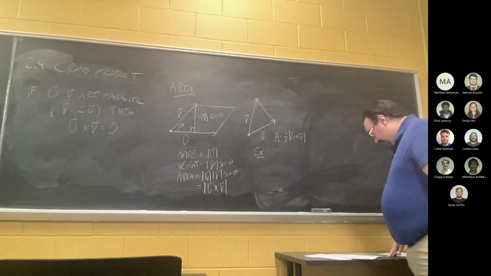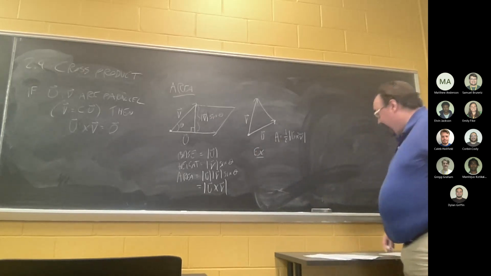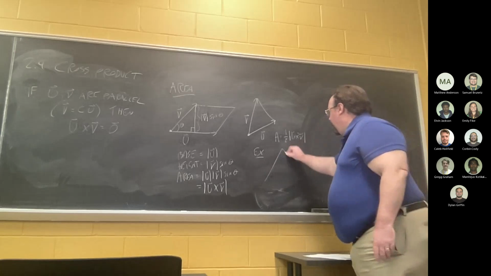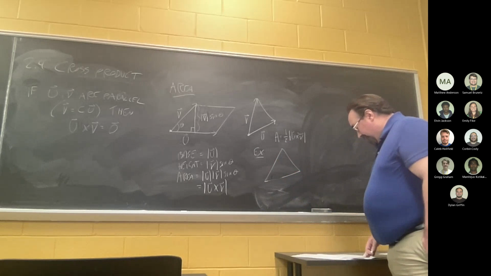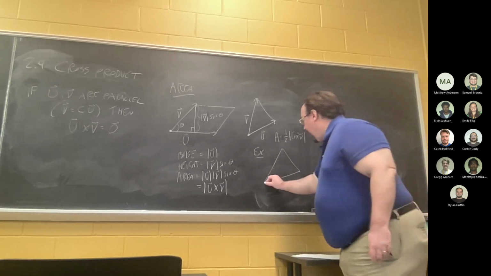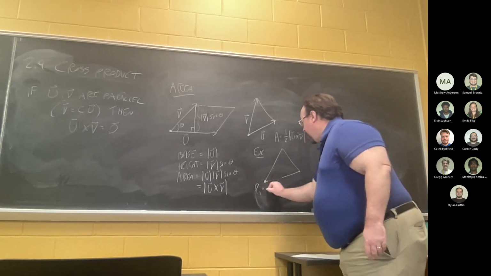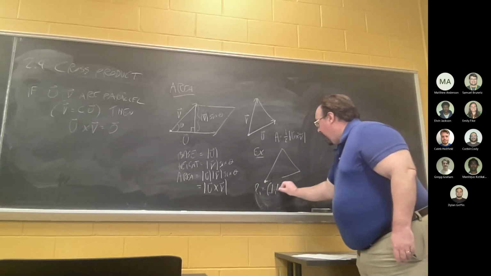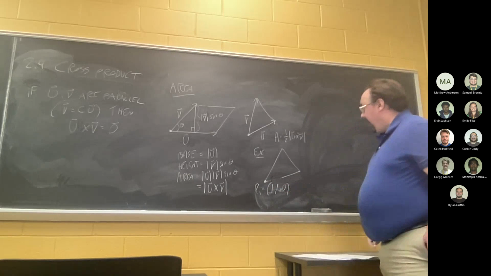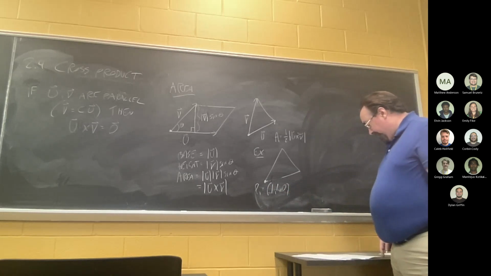So as an example, suppose I have a triangle, certainly not drawn to scale, where this vertex is point P1. It's (1, 1, 0). So the triangle is sitting in three-dimensional space.